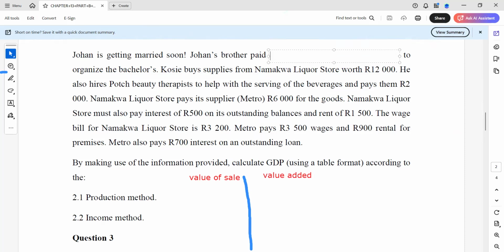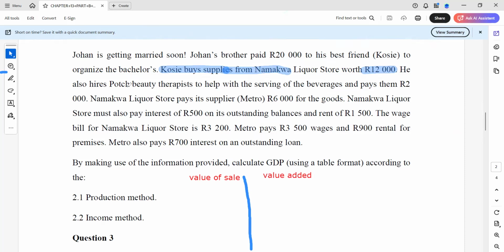And then Kosi buys supplies from Namaqua Liquor worth 12,000, right? Will this amount go under the production method or the income method? They're saying Kosi buys. Okay, you got it right, under the production method.